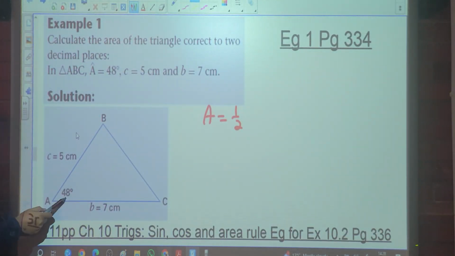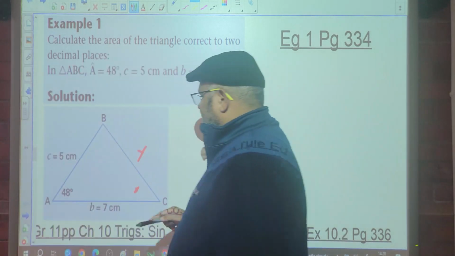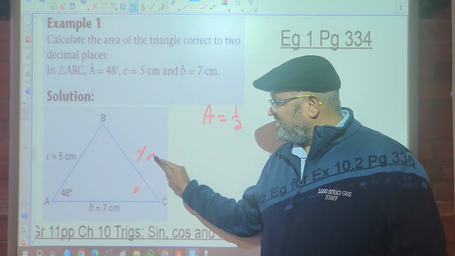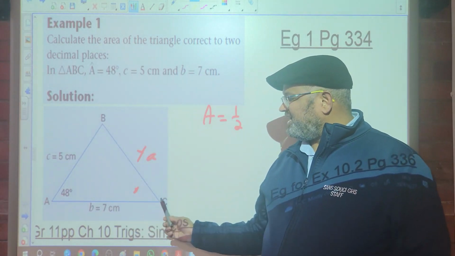We have two lengths and an included angle. So it's going to be half of BC sine A. If we add this angle and that side, it will be half of BA sine C.